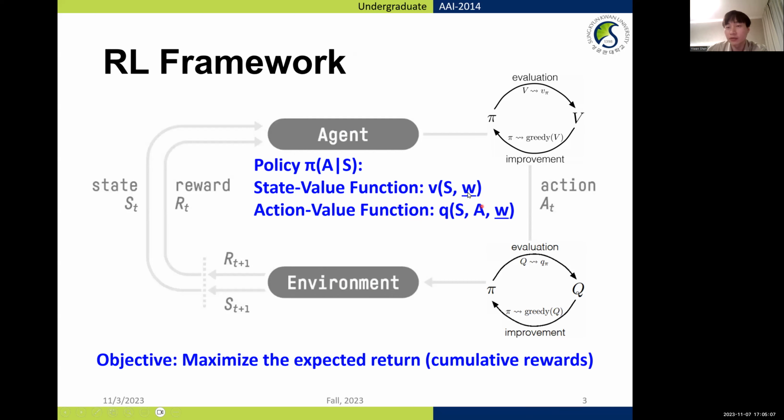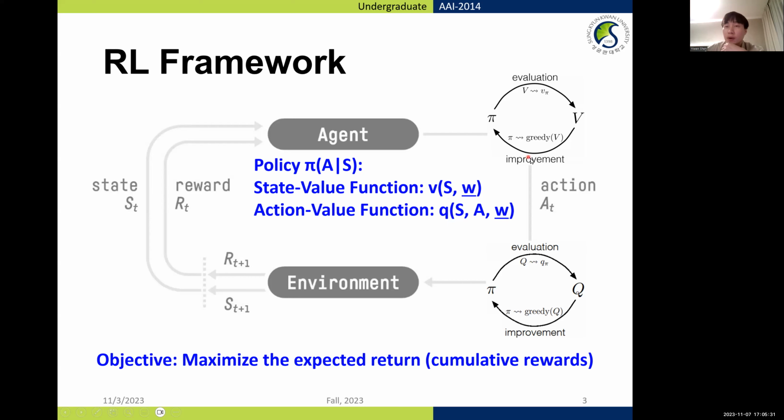Now we are updating our RL framework with parameterized value functions. Previously we just used s. Now we have w, which is a weight matrix or weight vector, similarly for the action value function, q(s,a,w). So we are using weight vectors or matrices to represent the state.